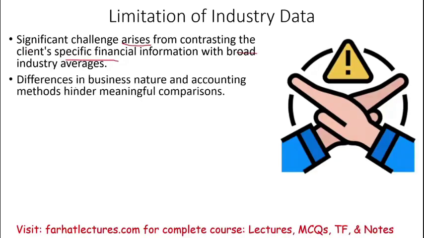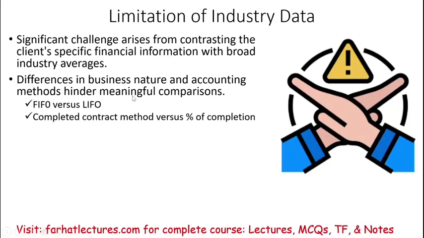There are differences in business nature and accounting method that hinder meaningful comparison. In the industry data, you could have small, large, medium-sized companies. You could also have different accounting methods within companies, between companies. For example, one company uses FIFO, the other one uses LIFO. Some companies use the completed contract method, another company uses the percentage of completion to account for revenues. So this is going to create different numbers.